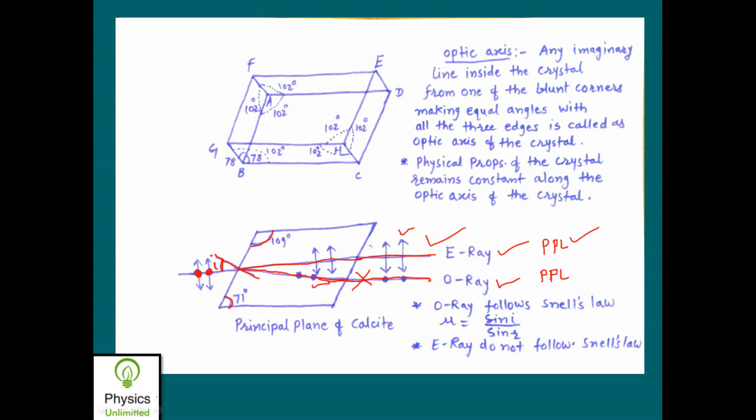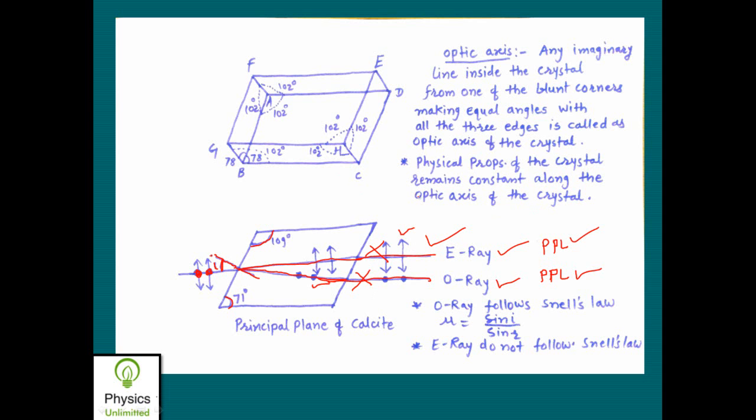If I can eliminate this extraordinary ray, then I will have only the ordinary ray, which is completely plane polarized. So I can eliminate either the ordinary ray or the extraordinary ray, and I can achieve plane polarized light by the phenomenon of double refraction.